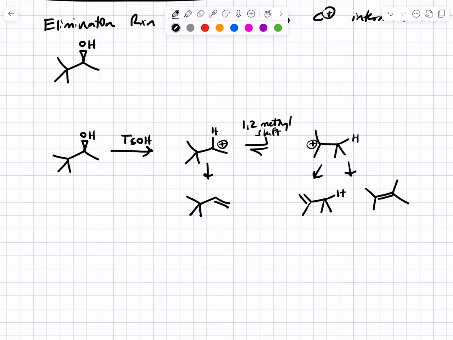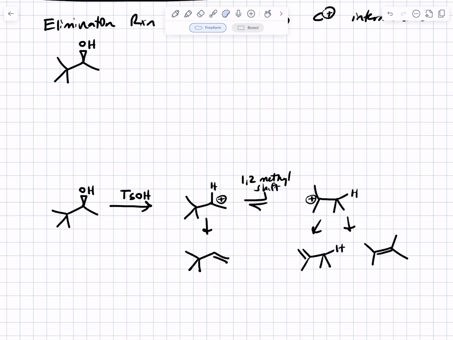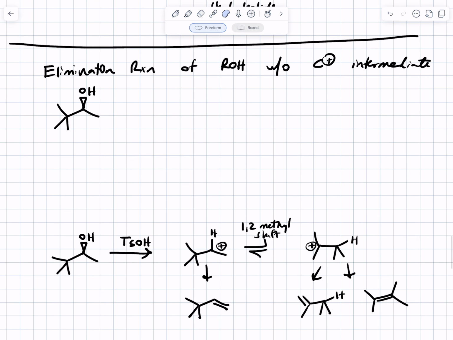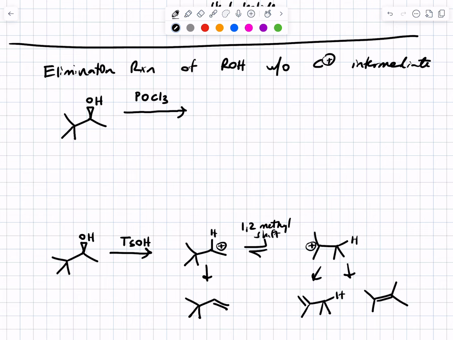To avoid this fate, we're gonna have a new reagent. You're gonna wonder, why does this reagent do elimination instead of substitution? And again, this is just empirical, it just works, we don't know why. Effectively, it turns the OH into a good leaving group. That reagent is POCl3. People call it POCl.